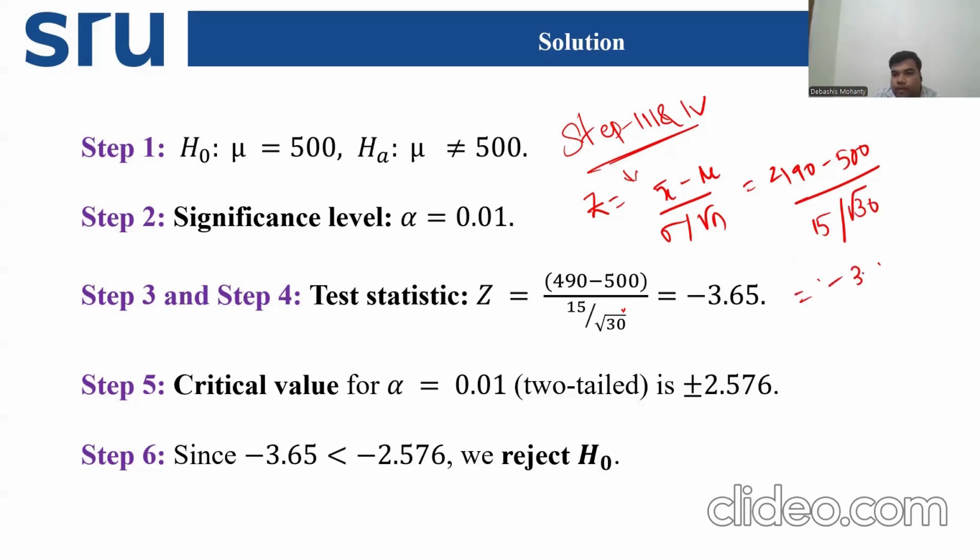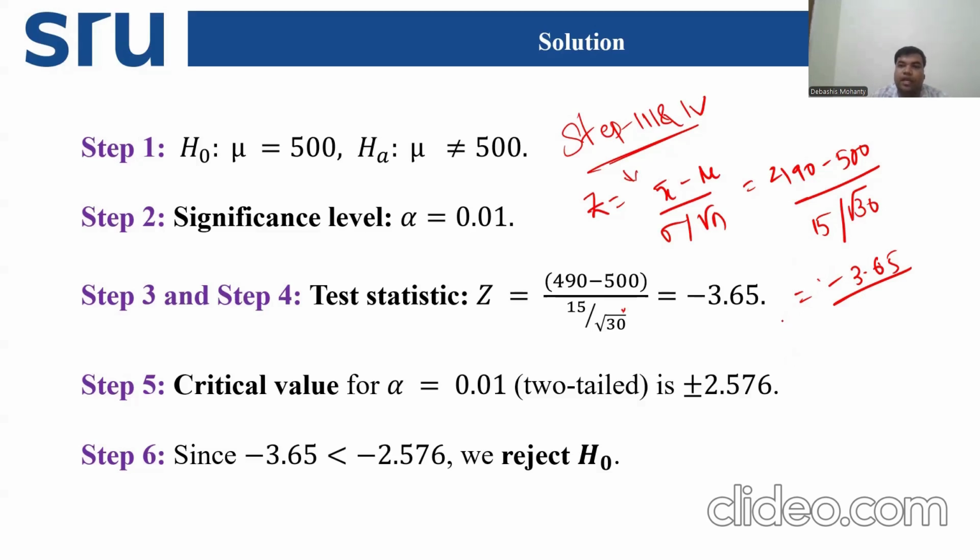That value we are getting is minus 3.65. In the third and fourth steps we get the Z value, that is minus 3.65.